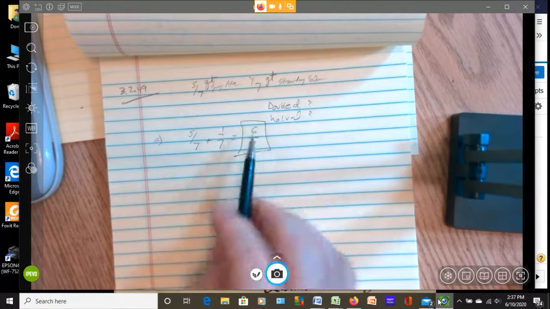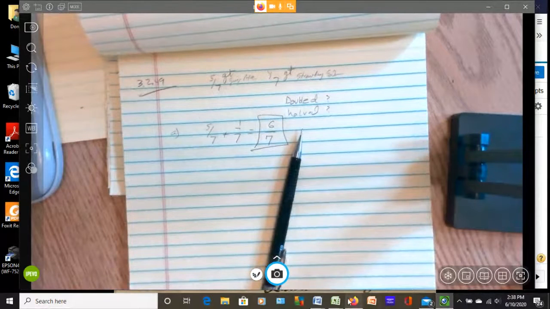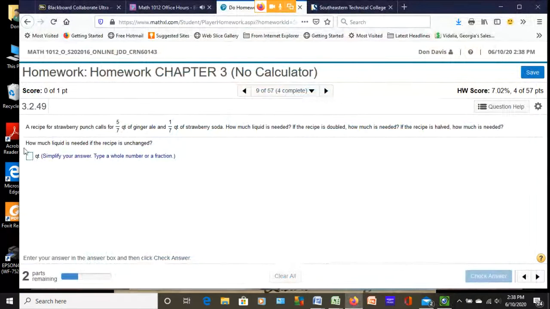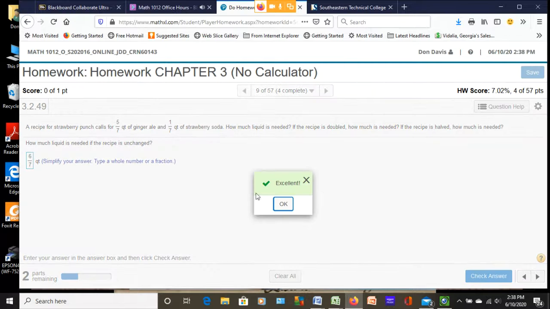So that's how much we need if we don't change it. We just add them together. Okay, let's go back now. I think what we want to say here is 6/7, and we got that right.